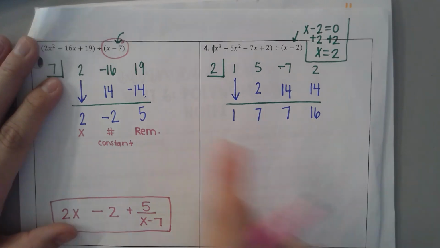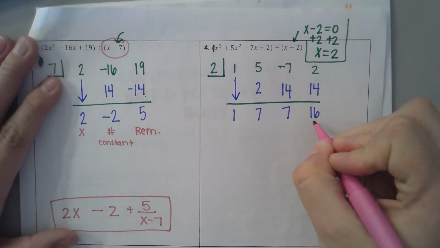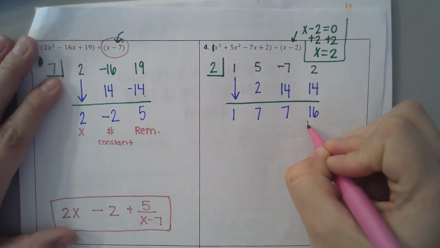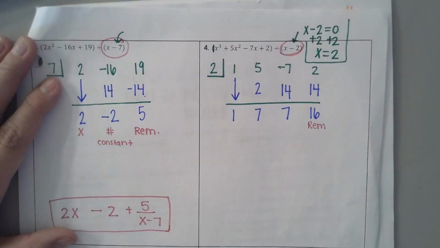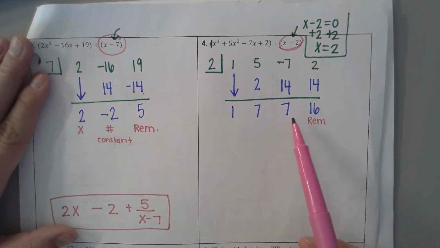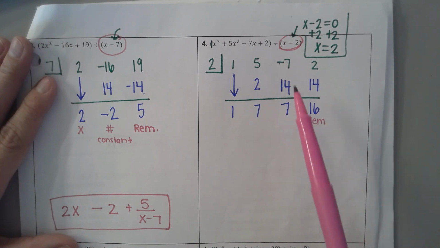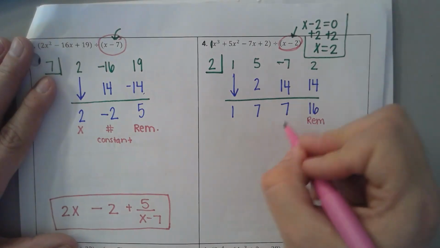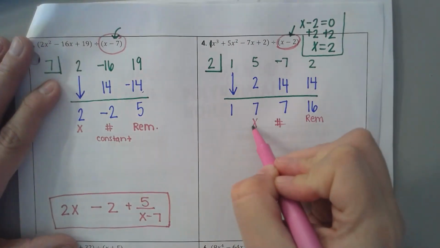Now we go backwards. The last number, the 16, is your remainder, and you always put your remainder over what you were dividing by, in a fraction. The next one is going to be your constant, so it's just a plain number. It does not get an x or anything. And then the next one gets an x.